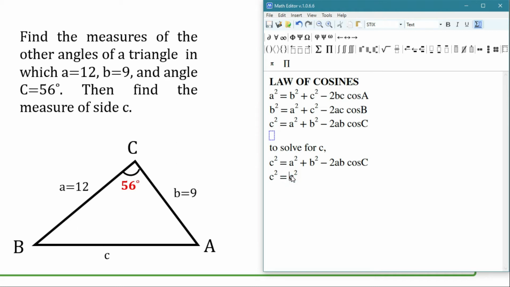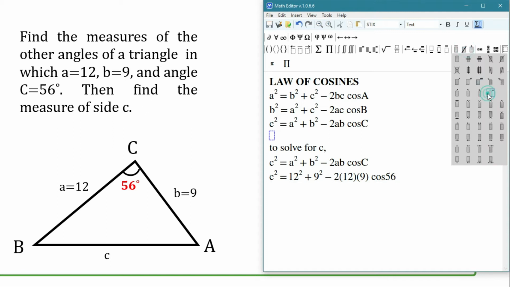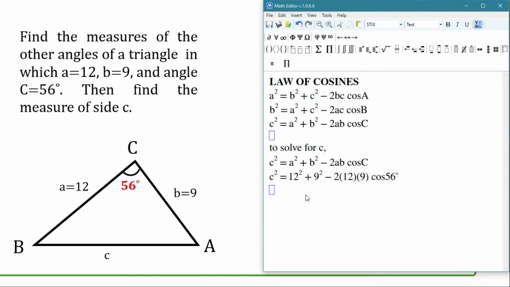So that's going to be A square, the value of A is 12, so we have 12 square plus B square, the value of B is 9, so we have 9 square, minus 2 times 12, since the value of A is 12, times 9, since the value of B is 9, multiplied by the cosine of C, or the cosine of 56 degrees. Okay, and then we simplify what is to be simplified.